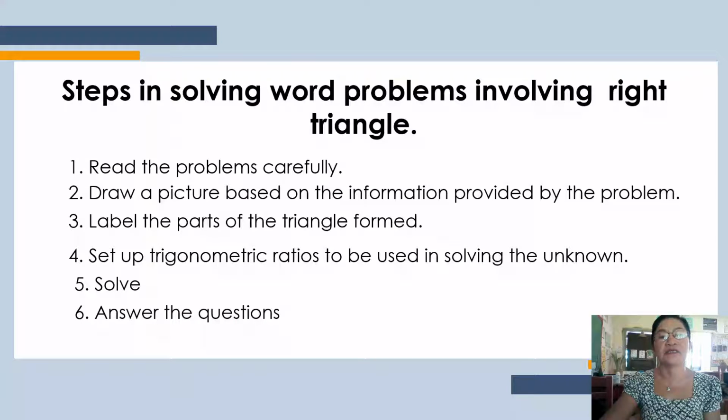Then number 6, answer the questions. So these are the suggested steps in solving word problems involving right triangles. You should take note of these 6 steps because you will be using them as we go on in our discussion. So let's have an example.